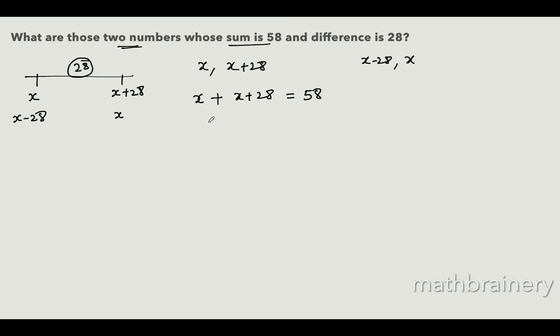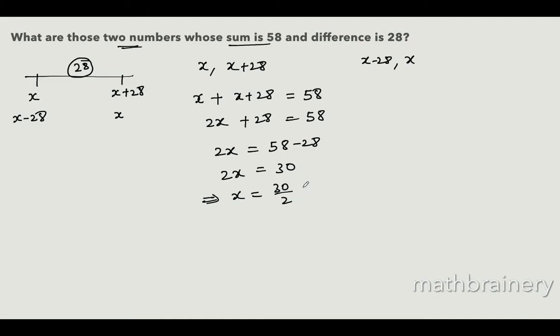When we add this, you have 2x plus 28 is equal to 58. Let's transpose this 28 to RHS. You get 2x is equal to 58 minus 28, which is 30. So you have 2x is equal to 30, that means your x must be 30 divided by 2, which is 15. Then what should be the bigger number?